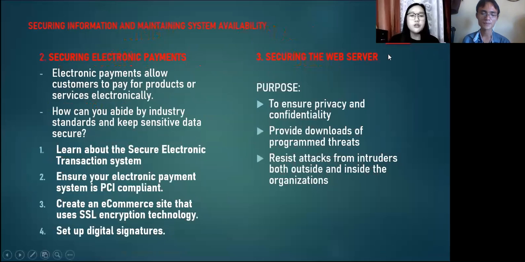Another measure to ensure security is securing electronic payments. Electronic payments allow customers to pay for products or services electronically, but there are times when you randomly ask yourself, are electronic payments secure? That is a very valid question.